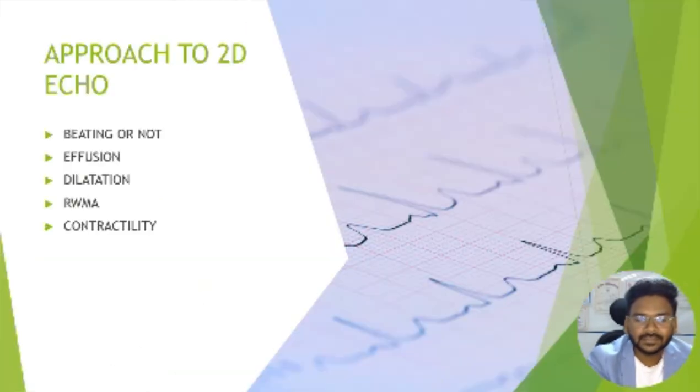So there is some approach to read 2D echocardiography while doing 2D echo. We have to look for whether the heart is beating or not. We have to look for any fluid around the heart or not, whether chambers are dilated or not, whether regional wall motion abnormality is present or not, and how is the contractility of the heart.